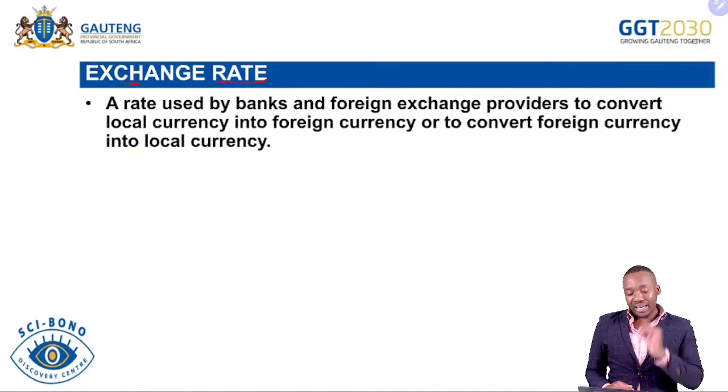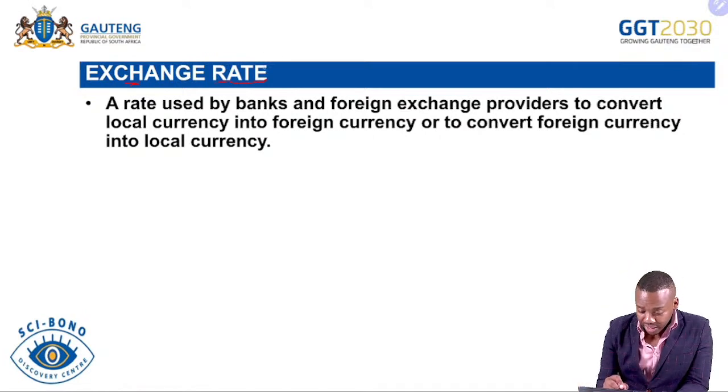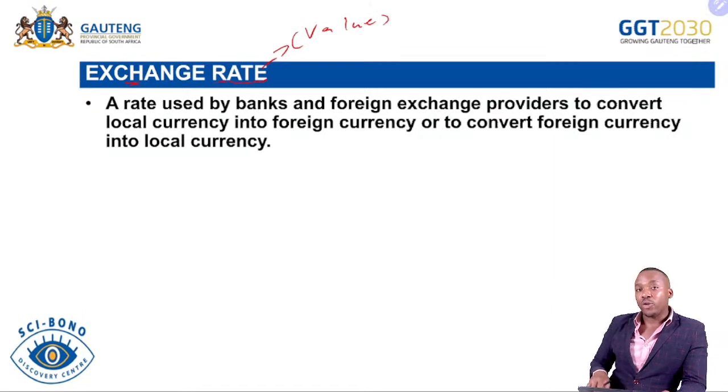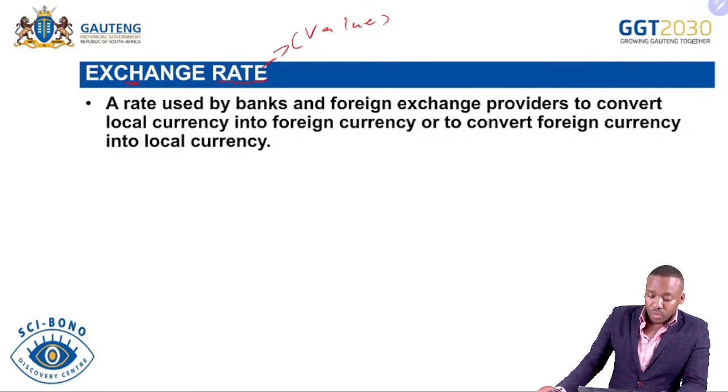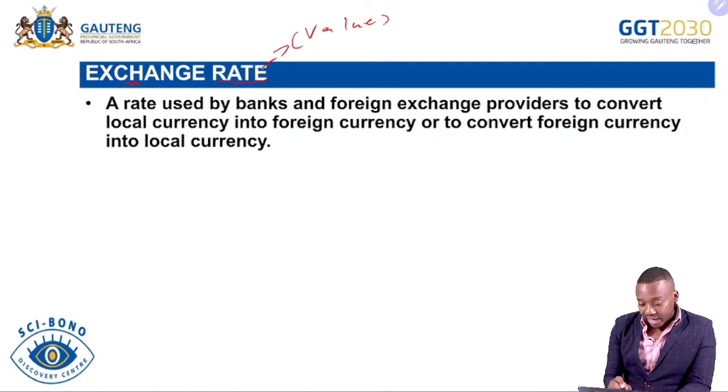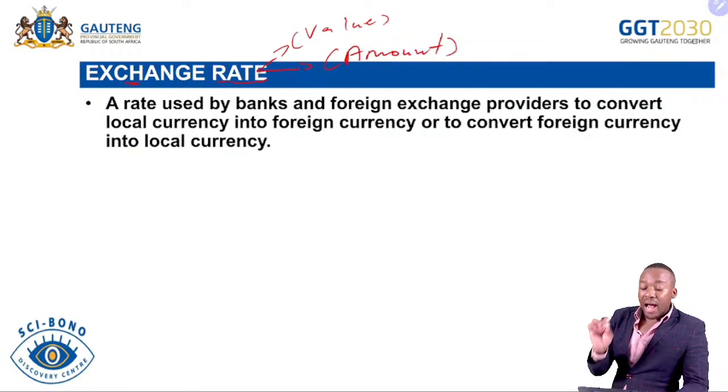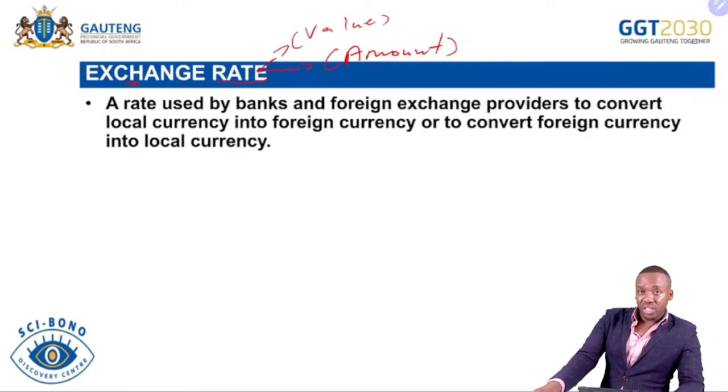So there is a rate. When we are talking about a rate here, we are talking about the value, meaning, how much are you buying £1? How much are you buying $1? How much are you buying USD, and so on? So an exchange rate, to put it easier, is the amount that is charged for a particular currency.